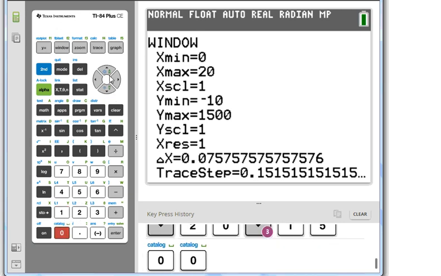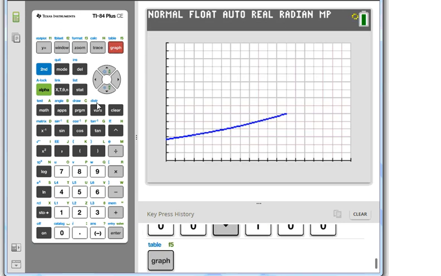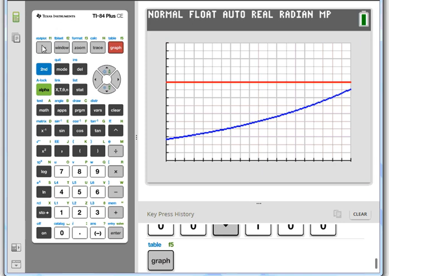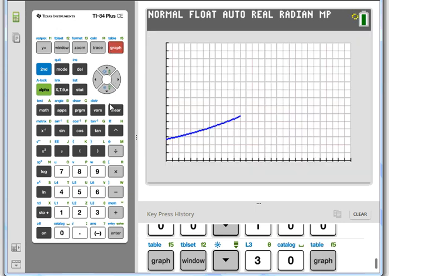I'll go by 100. I hope that we're going to see the intersection point in the graph here. Now we do not quite. Okay, so all we have to do is go to window and instead change x max to 30, as in 30 years.